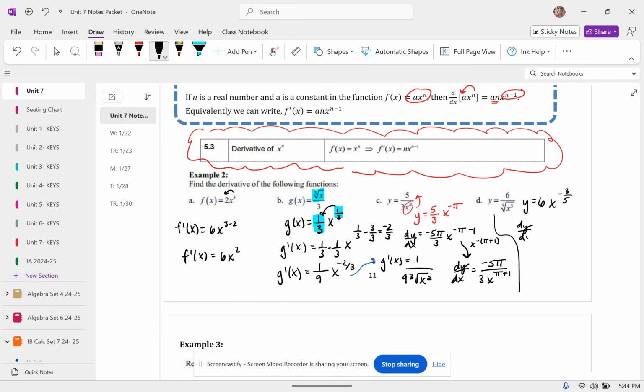And now I can use my power rule. If I wanted to rewrite it as a radical, which is great practice, by the way, it would look like that.